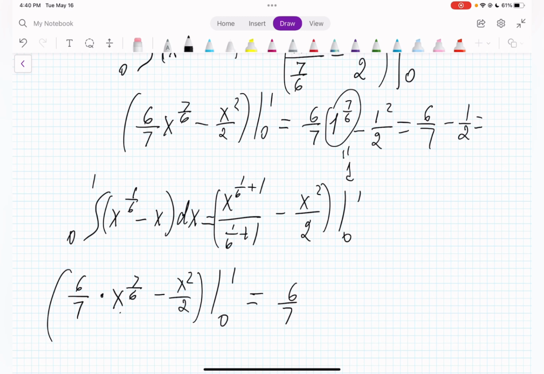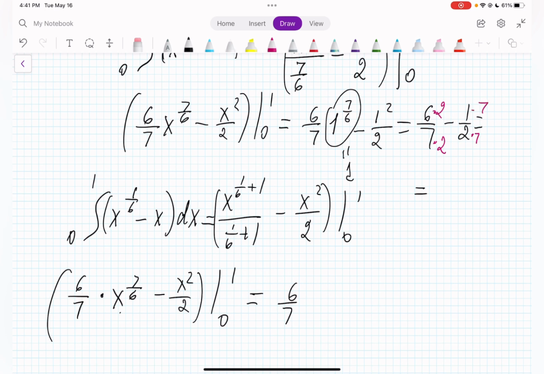What are we going to do? Common denominator is going to be what? 7 is a prime number. Real quick, a prime number is a number that is divisible by 1 and by itself. So when you have a prime number, then you have to multiply them by each other for a denominator, meaning 7 times 2, 14. That means here I multiply by 2 to get 14. Here multiply by 7.